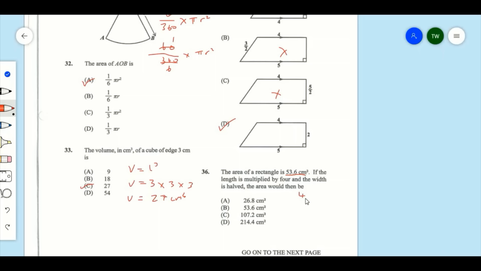So we're going to halve this 4, which is to divide by 2, which is going to give us 2 here. And this 2, we're going to multiply the area by, which is 53.6. And 2 times 53.6 is going to give us an area of 107.2. So our answer is going to be C in this case.